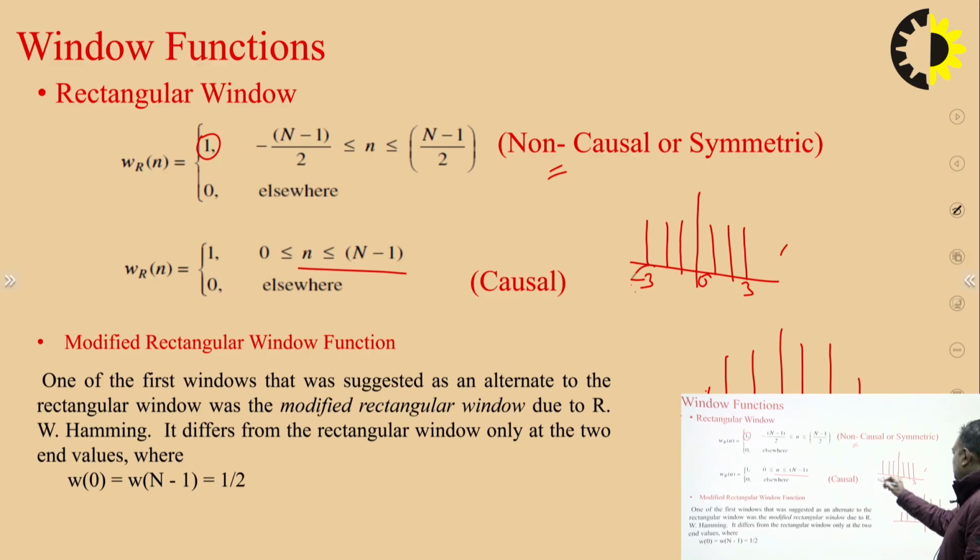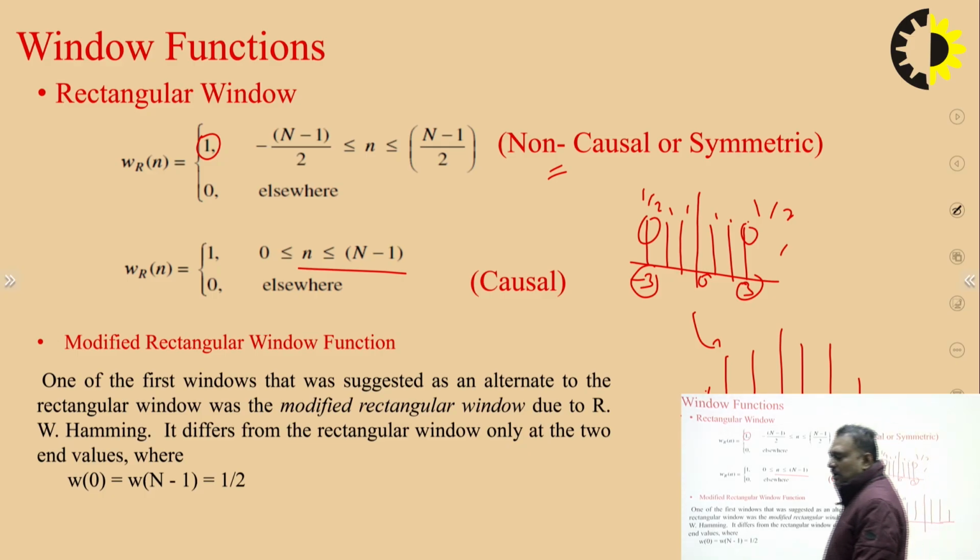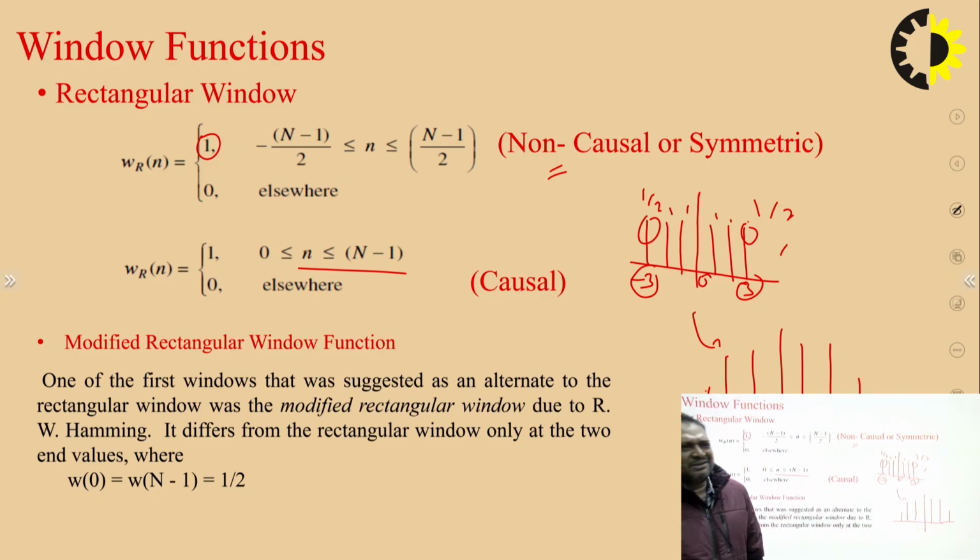Means if all these magnitudes are 1, this magnitude will become half. We found that we are having a little bit better results with this modified rectangular window function.